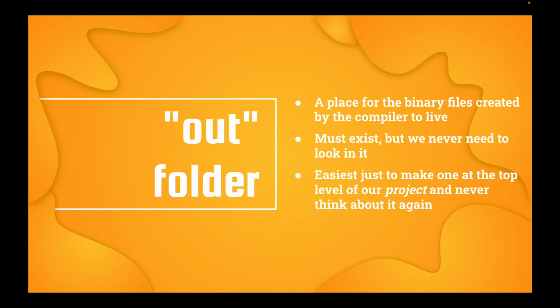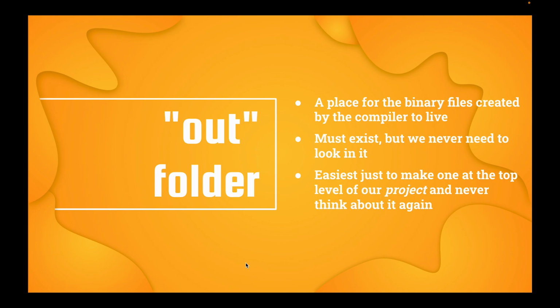Another thing you set at the project level, or you can, is called the out folder. And so Java is a compiled language, so the code you write gets compiled down into binary files that we as humans are never really meant to look at. It's literally just ones and zeros, and that's what actually gets run on the computer. That's part of what makes Java pretty fast. And so we have to set a place for all those files to live, and the typical standard is just to create a folder called out at the top of your project.